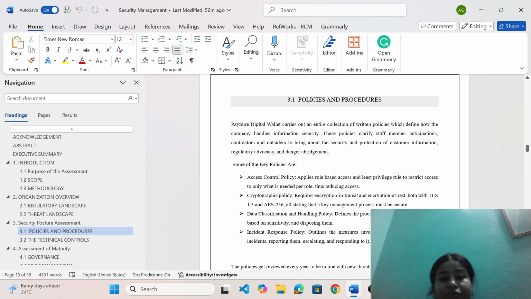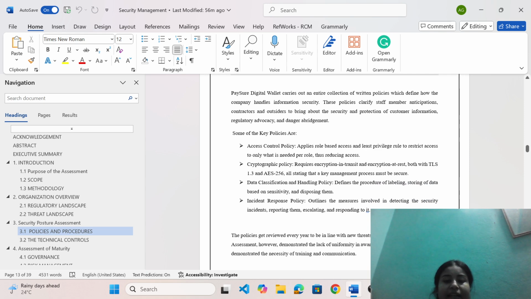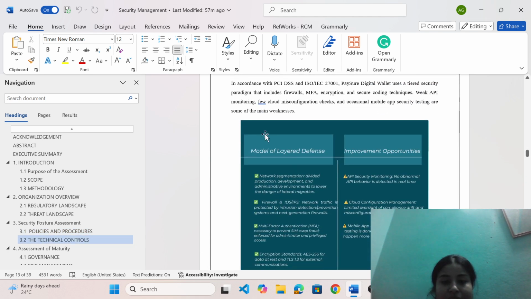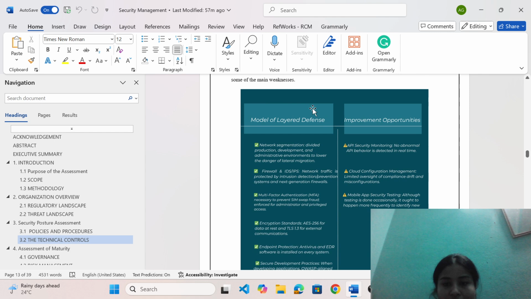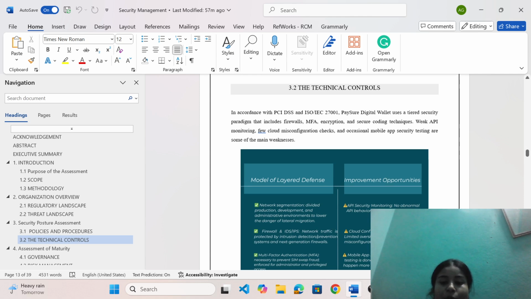You can see here the different policies and procedures, as well as some of the key policies like access control policy, cryptographic policy, data classification and handling policy, and incident response policy. I highlighted some of the key points here, as well as the technical controls. I also mentioned the improvement opportunities, the different improvement areas that must be implemented in PAYSURE digital wallet.